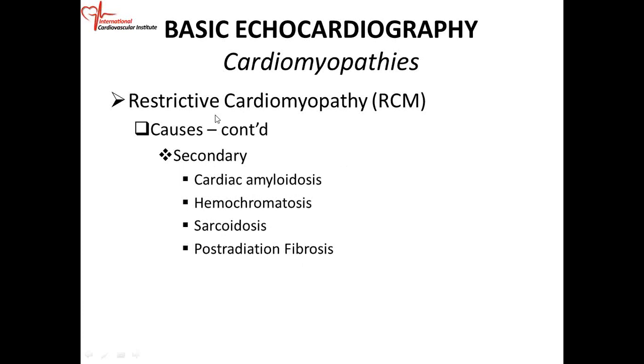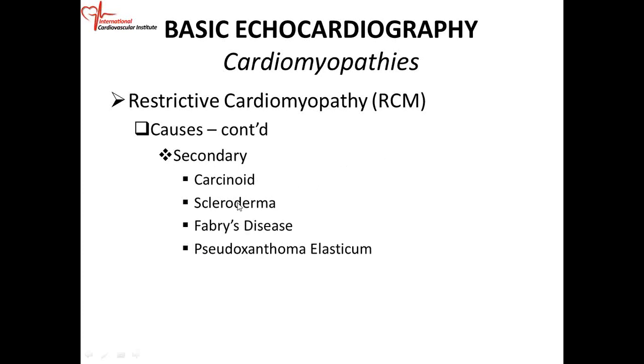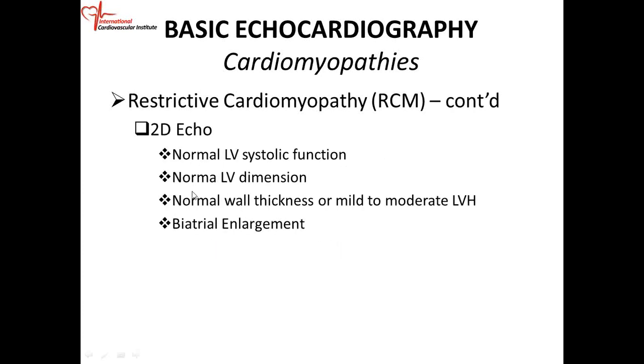But the thing you need to know is the cardiac amyloidosis, which commonly causes it. So, you evaluate these patients just as you evaluate any other patient. Your 2D echo, you have to look at the LV, you look at the systolic function, of course diastolic function, you look at the LV dimension, the other chambers, the wall thickness.